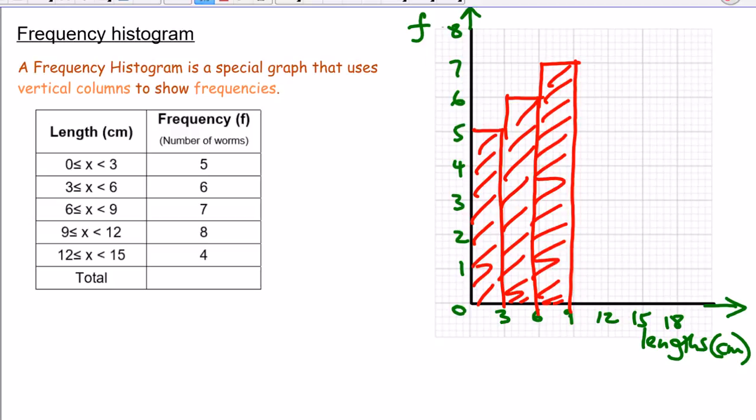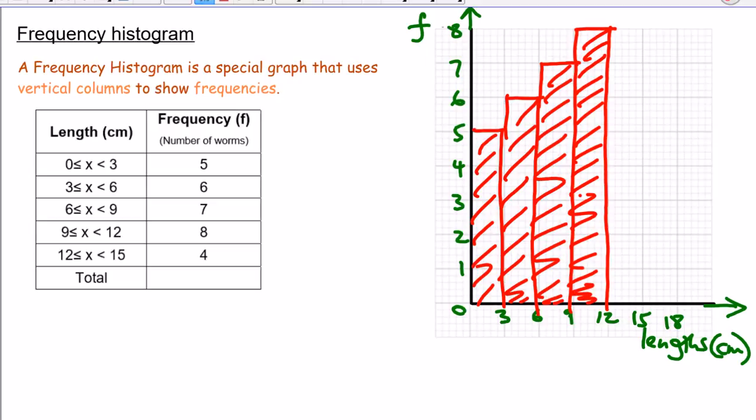The number of worms that measured between 9 and 12 were 8. And between 12 and 15 were 4.